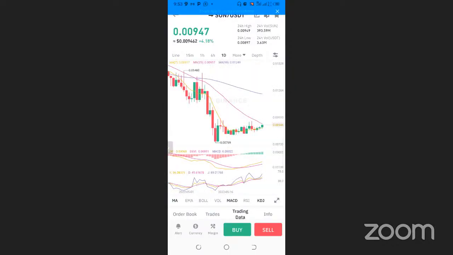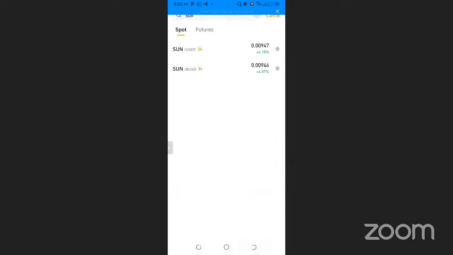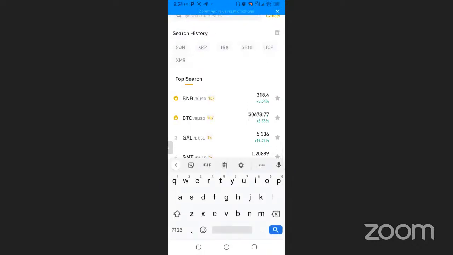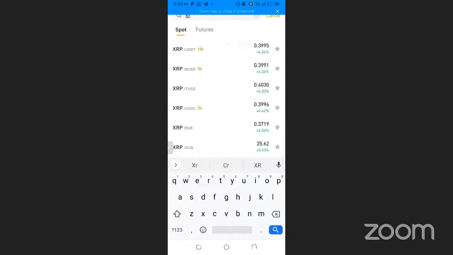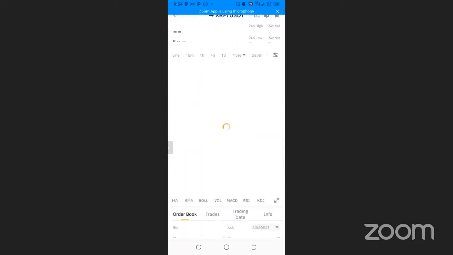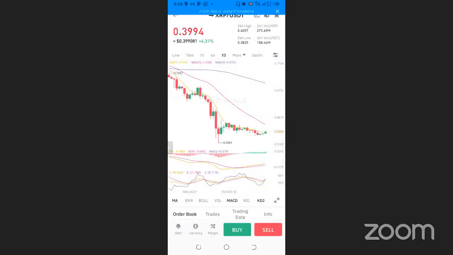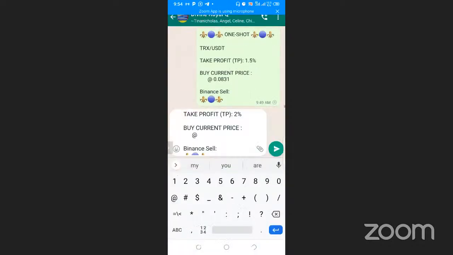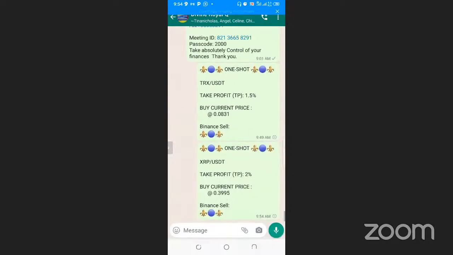The current price of XRP, we have to buy at the current price of 0.3995. That is the second coin.